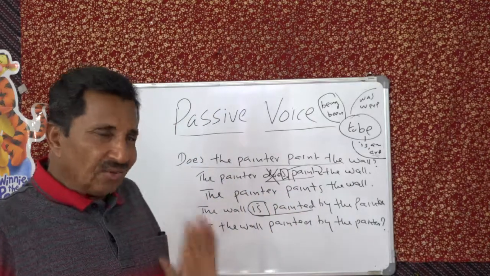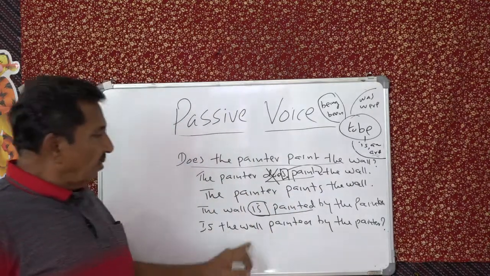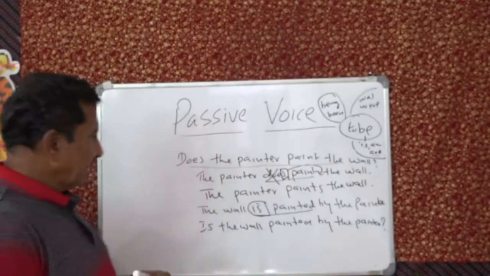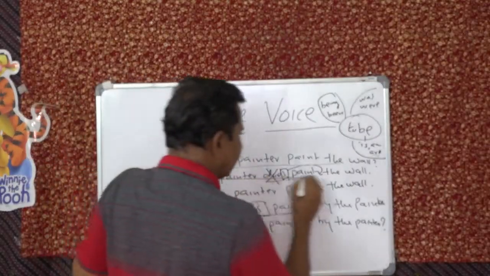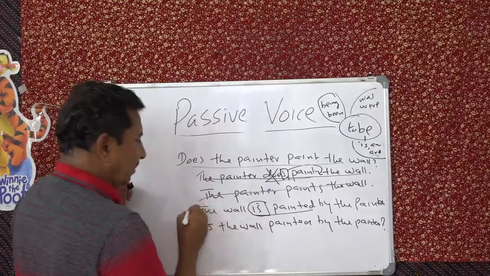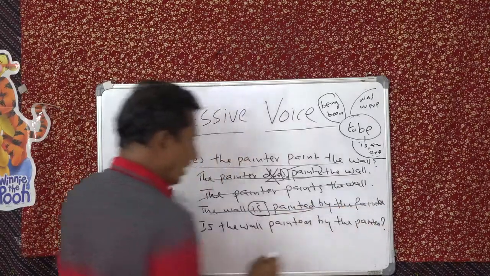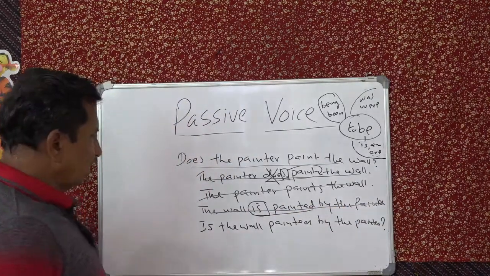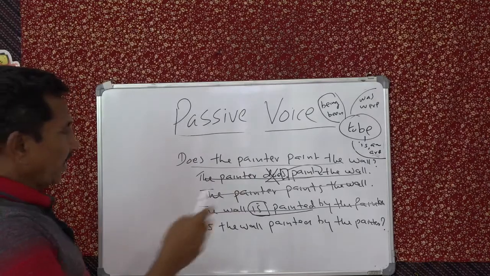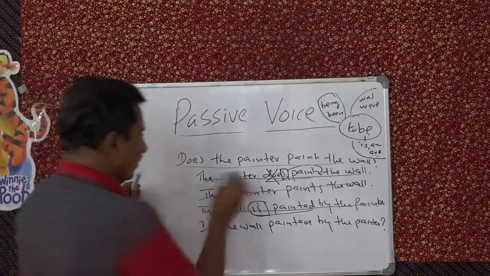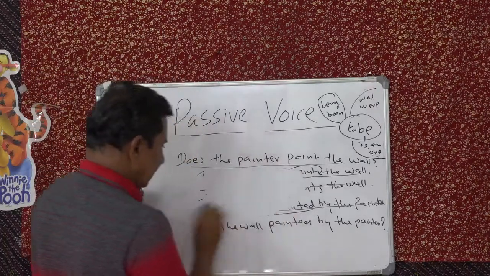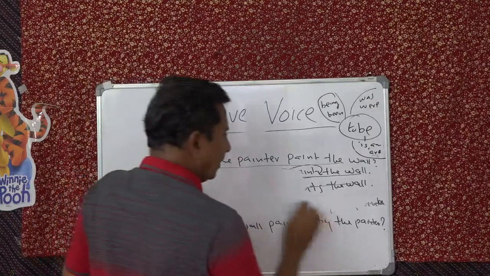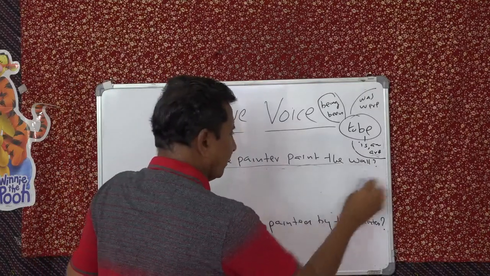Right from the beginning you should learn that. Okay. So these are steps for you to understand. Let's remove that. Then what will you see? "Does the painter paint the wall?" Passive will be, "Is the wall painted by the painter?"